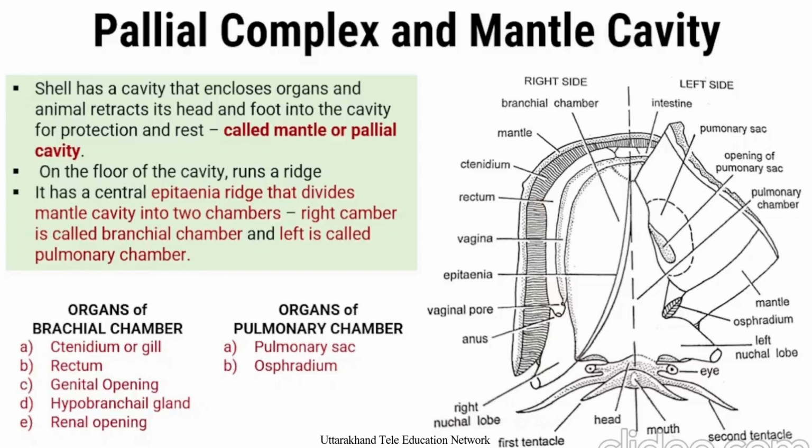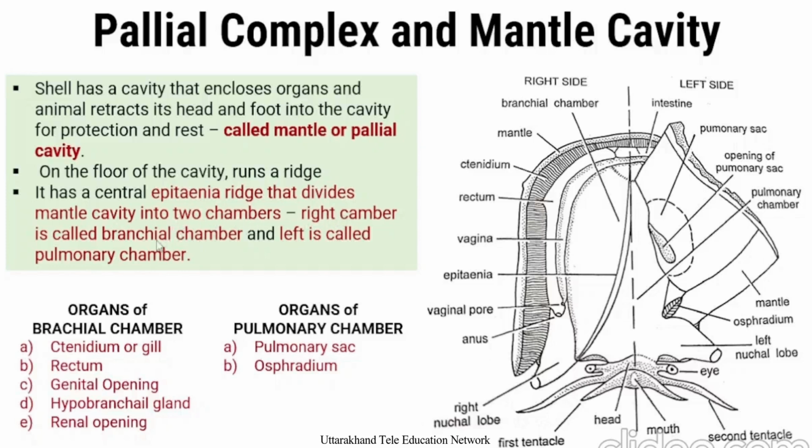for its protection and rest, which is called the mantle or pallial cavity. And on the floor of the cavity runs a ridge. It has a central epithenia ridge that divides the mantle cavity into two chambers.